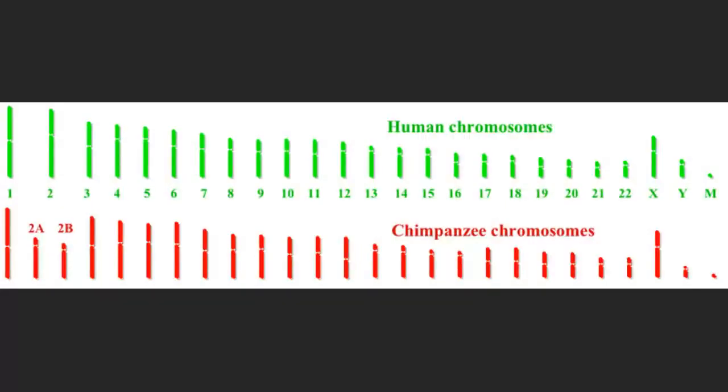And this image is a comparison of human chromosomes and primate chromosomes, in particular a chimpanzee karyotype, I should say, right? So in the green up above, we have the different chromosomes, and of course we are only looking at half the complement for chromosomes 1 through 22.